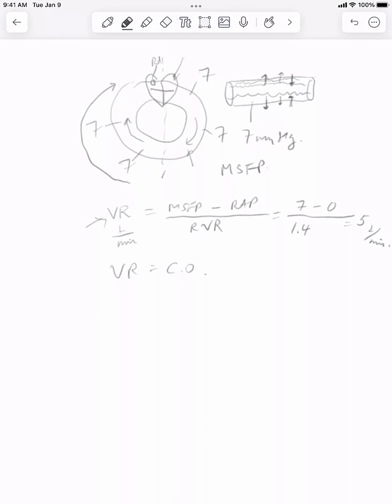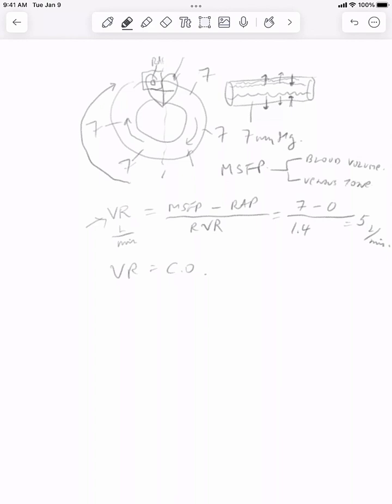So the clinical part here is knowing that there is an intrinsic 7 millimeters of mercury of mean systemic filling pressure. That means that the variables that affect mean systemic filling pressure are the total blood volume in the circuit as well as the venous tone.